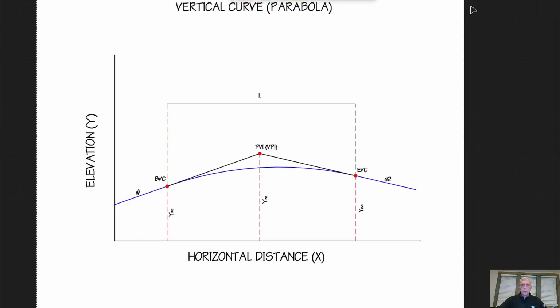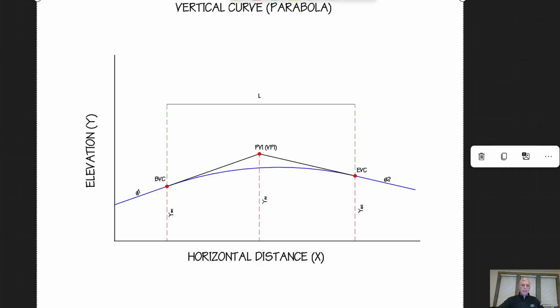A vertical curve, like we said, is based on a parabola. If we were to think about an incoming tangent to a vertical curve, it has a slope. So the incoming tangent we tend to say is G1, and the outgoing slope G2.